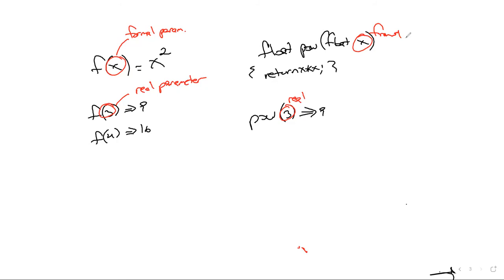Now, there are two ways in which we find programming languages binding real parameters to formal parameters. First is known as positional parameters. And the second is known as keyword parameters.